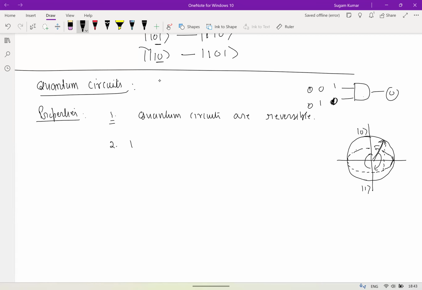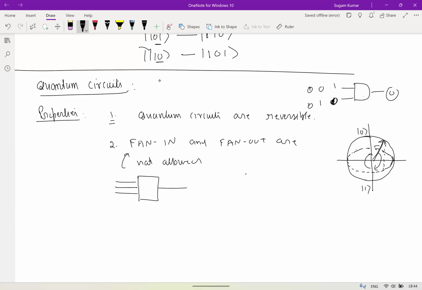Second, fan in and fan out are not allowed. Fan in means you have many inputs, and many inputs give only one output.